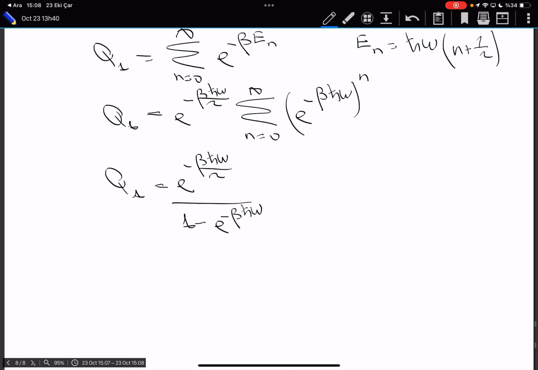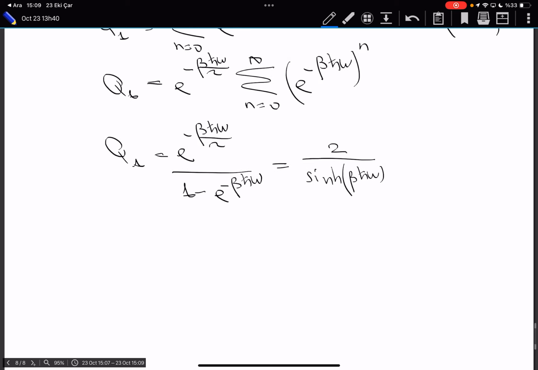This is my Q1. Or if you would like to simplify it even further, write it in different forms, this is 1 over 2 sinh of beta h bar omega. Whichever one you prefer.